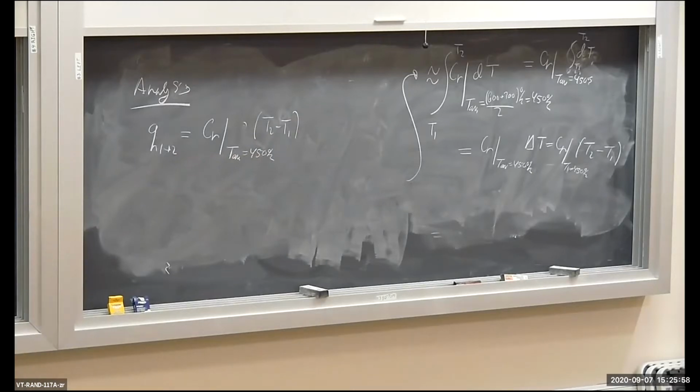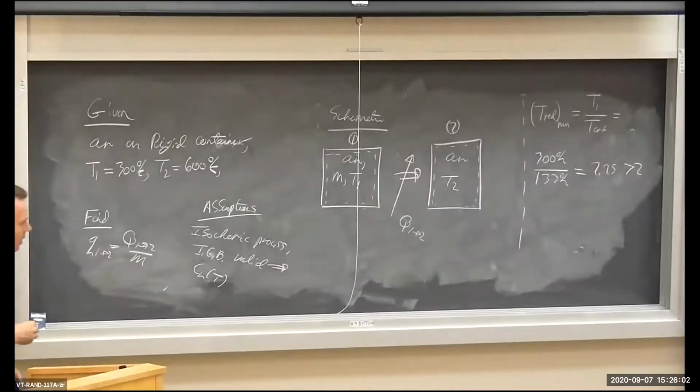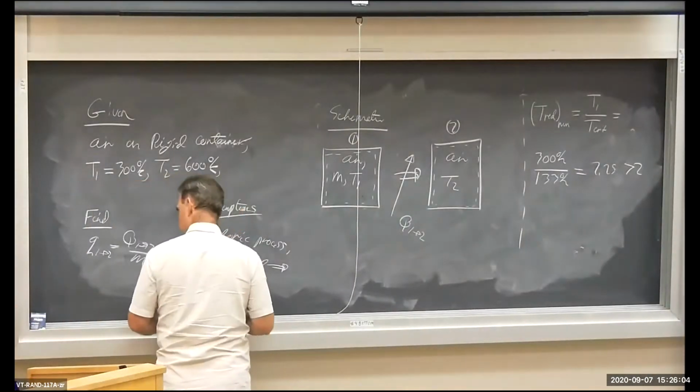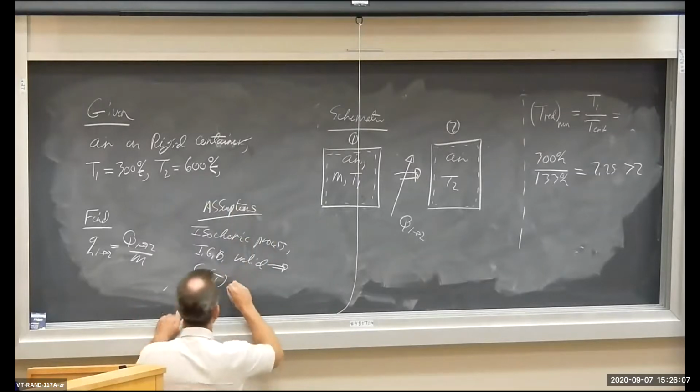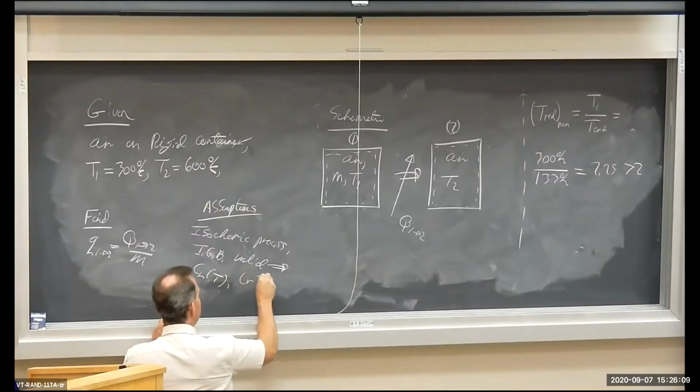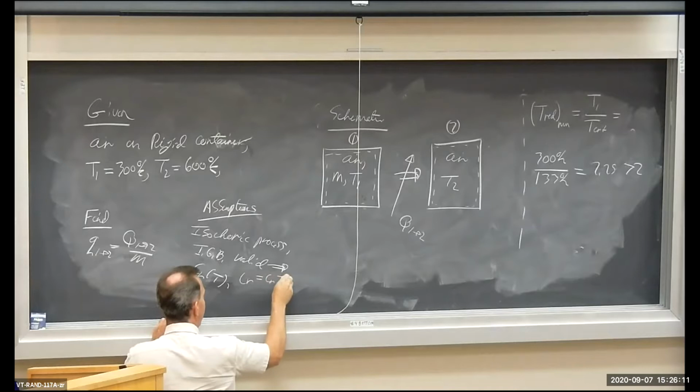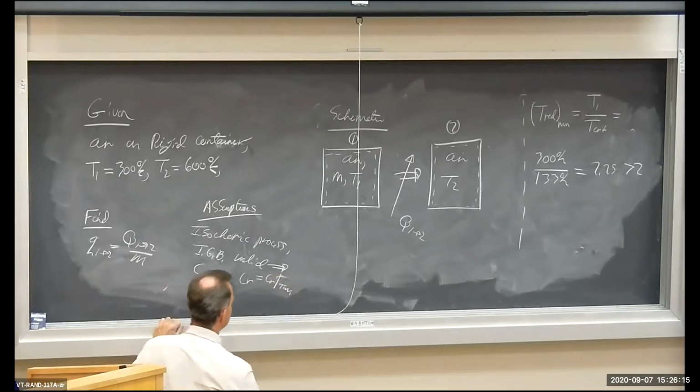Now, we've chosen to average the specific heat, so we'd better put that in our assumptions: CV equals CV at T average.